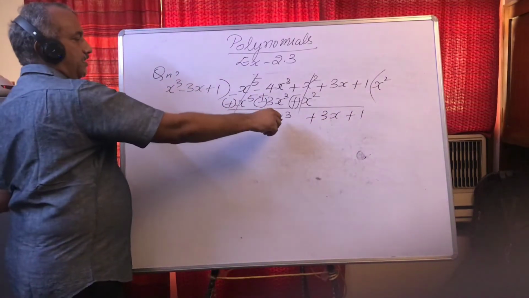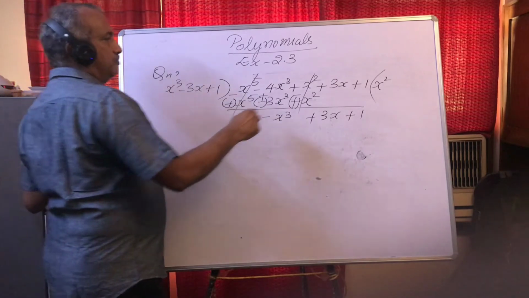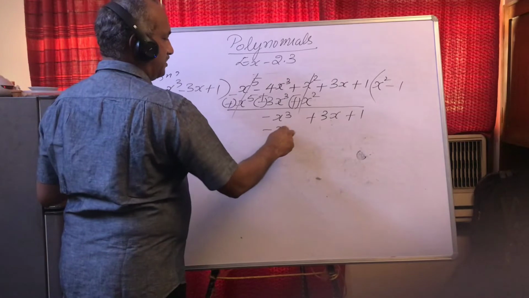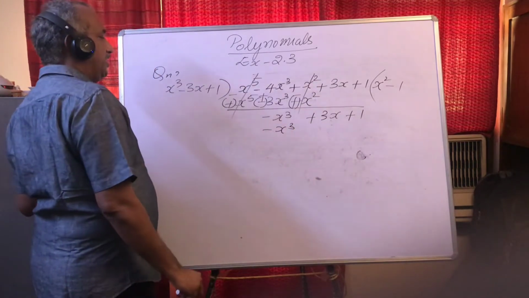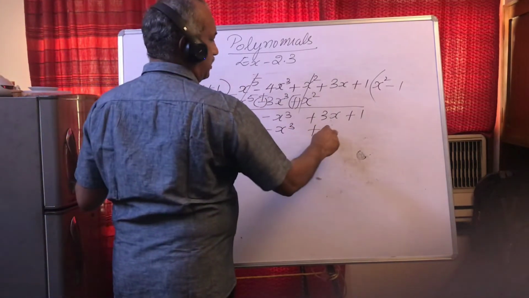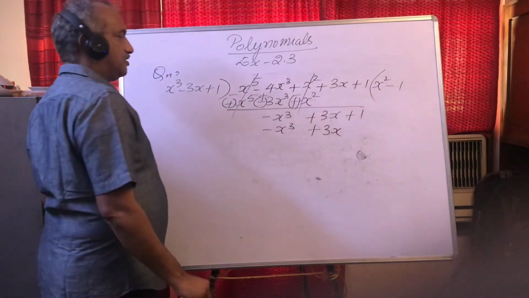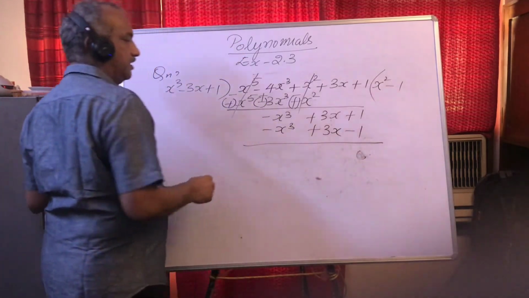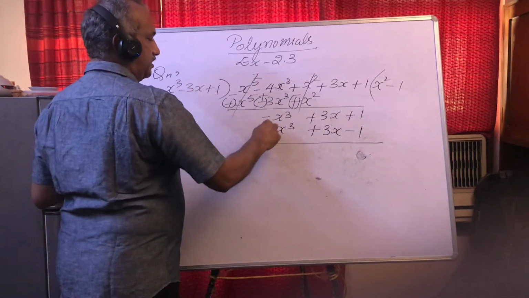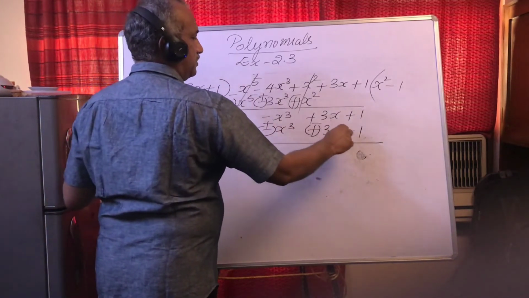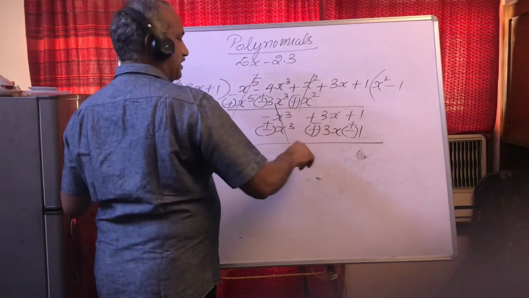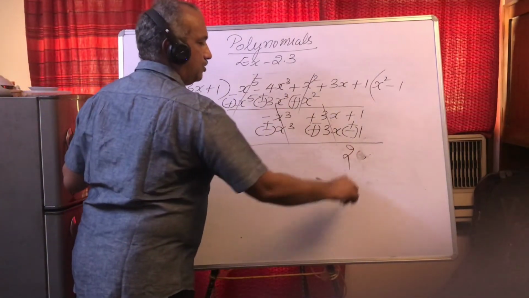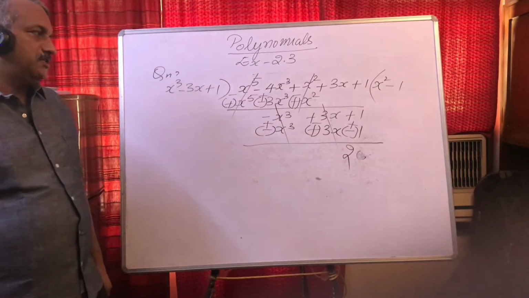Again we will divide minus x cube upon x cube, minus 1: minus 1 into x cube, minus x cube; minus 1 into minus 3x, plus 3x; and minus 1 into 1, minus 1. Change the sign and add, minus plus, plus minus, minus plus, this is cancelled, 1 plus 1, 2. So remainder is equal to 2.